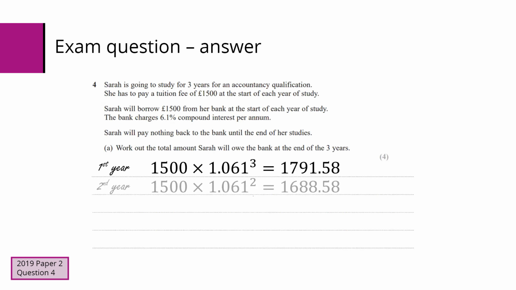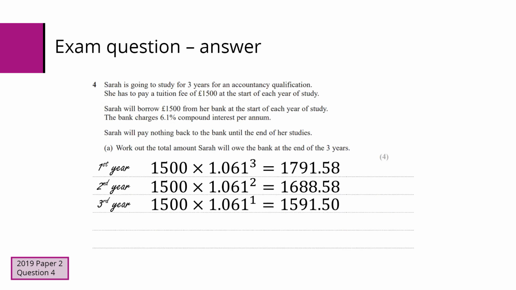The money she borrows at the start of the second year, she's only borrowing that for 2 years. So the index is only a 2. And then the third year, she borrows the 1,500 for 1 year. So the index of 1 isn't necessary there, but helps demonstrate the pattern.